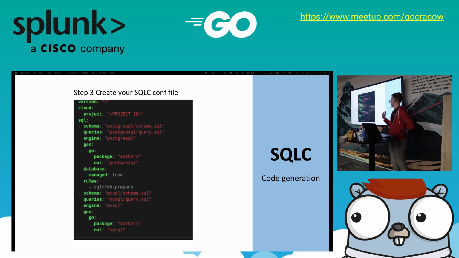We can support multiple databases, like having different implementations in our code by just adding another type of it. So we need to specify where our files lie and then specify how we want to generate our code: the package name and the output and also the engine.